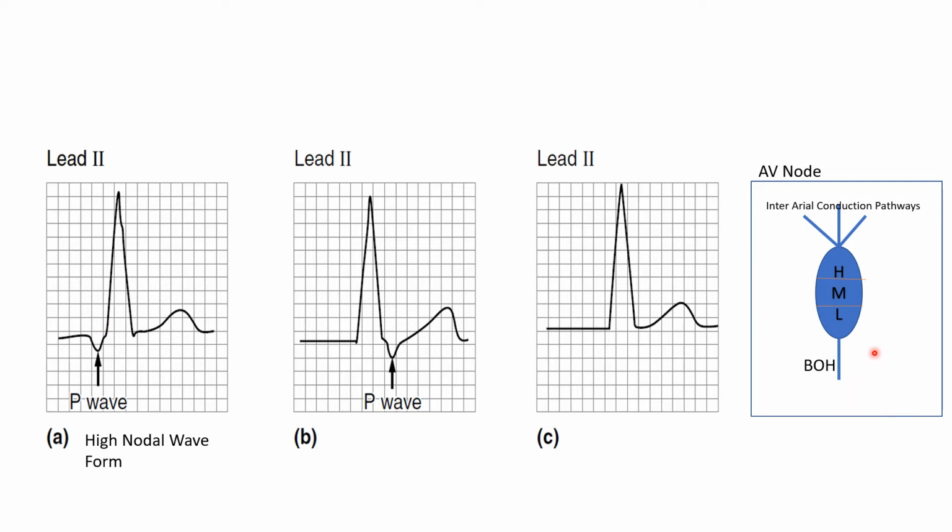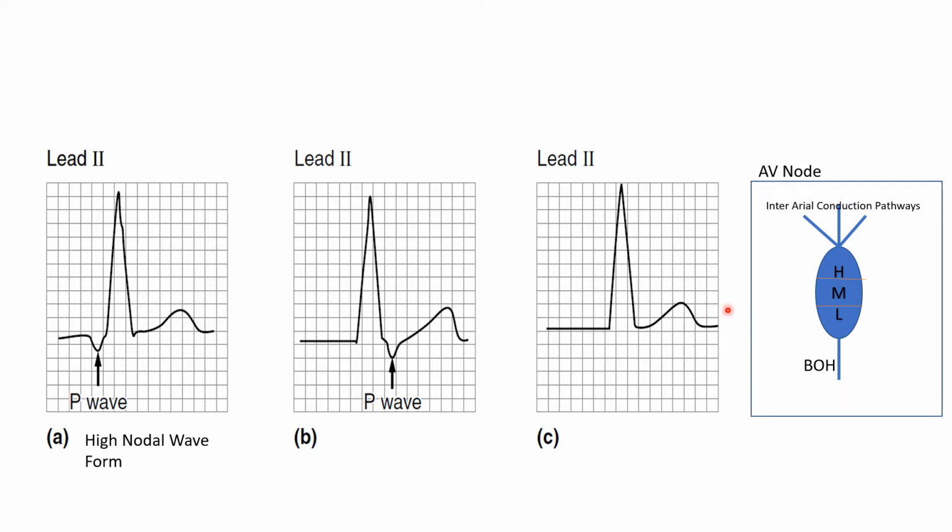When impulses are generated from the lower nodal area, conduction first travels through the ventricles and there is a little delay to the atria. So ventricular depolarization occurs before the atria. An inverted P wave can be seen soon after the QRS complex.